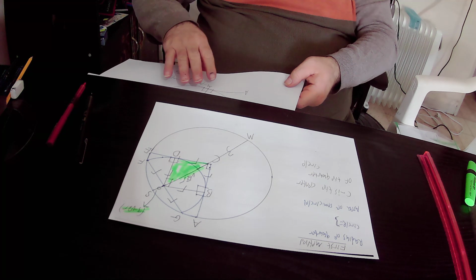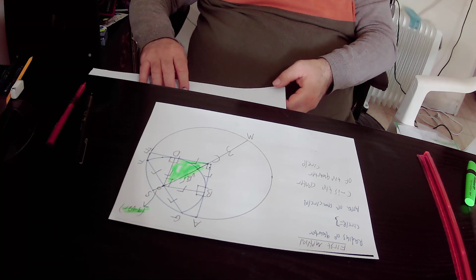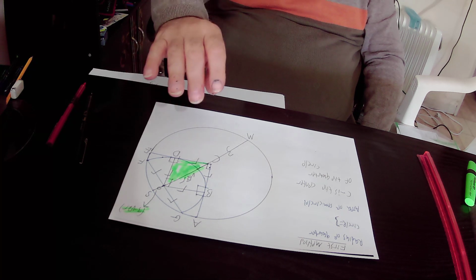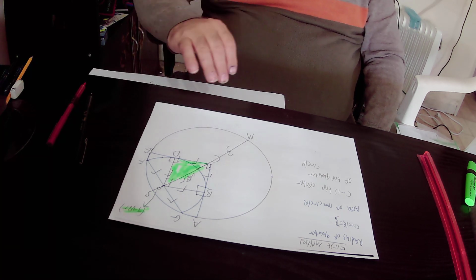We know that the radius of the quarter circle is equal to 3 units, and we want to find the area of the semicircle that is inscribed by the quarter circle.